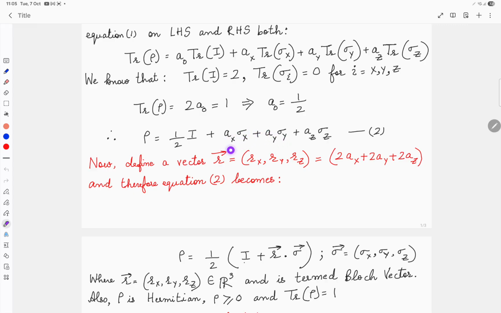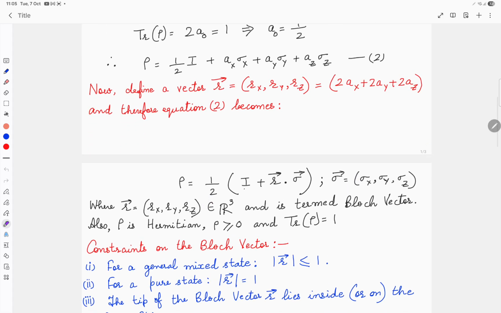So all in all, what is there? This term is basically the dot product or the inner product between the R vector and the sigma vector, right? So therefore, I get the density operator to be equal to half I plus the inner product between the R vector and the sigma vector.